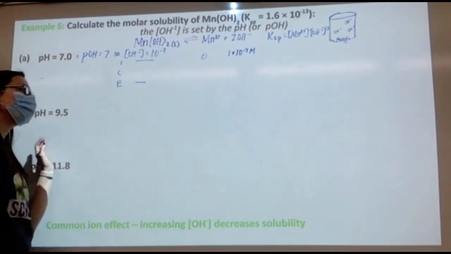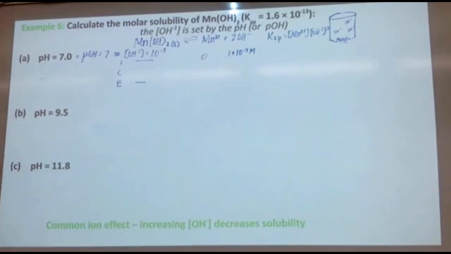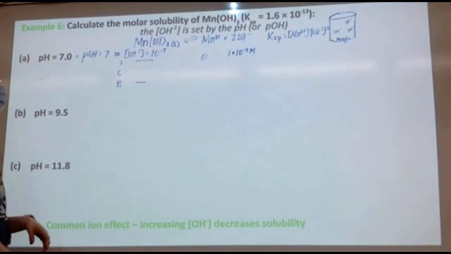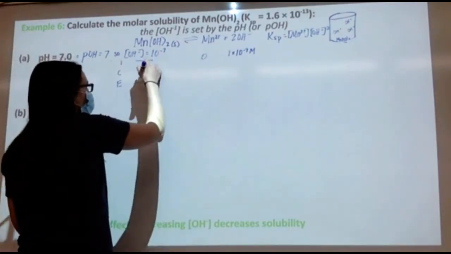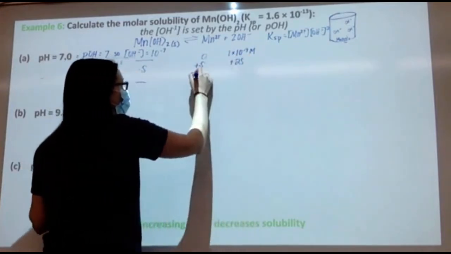Now again, if this said pure water, we wouldn't worry about this. Yes, pure water has a pH of 7, but we're not adjusting the pH of the solution. So now we're going to say minus S, plus 2S.